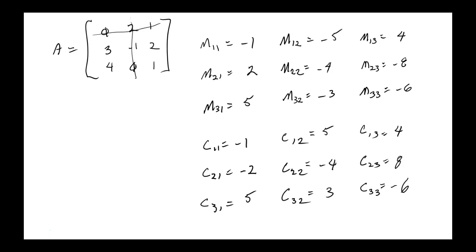It's kind of what we've just been doing. If A is a square matrix of order greater than or equal to 2, 2 by 2, 3 by 3, 4 by 4, anything like that, then the determinant of A is the sum of the entries of the first row of A multiplied by their respective cofactors.